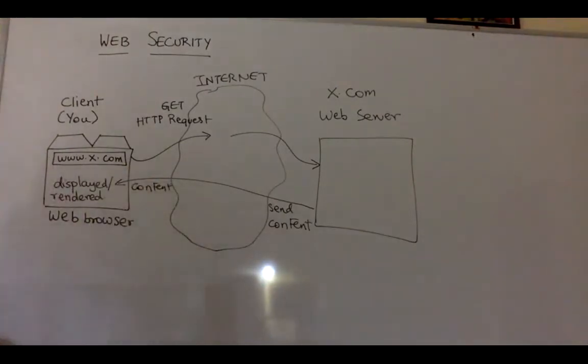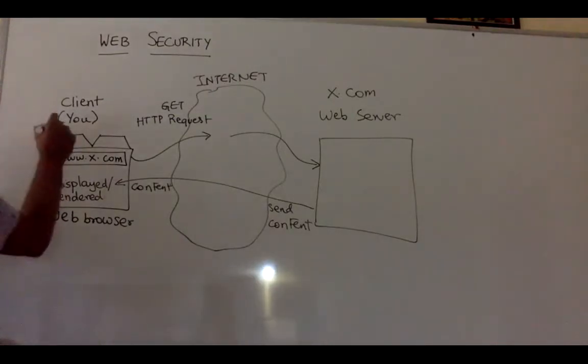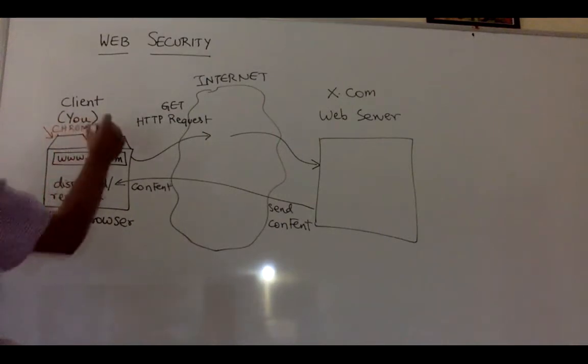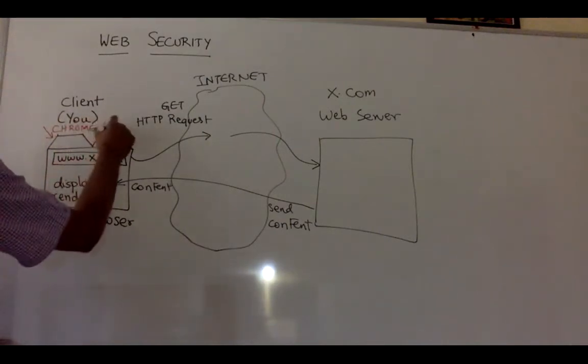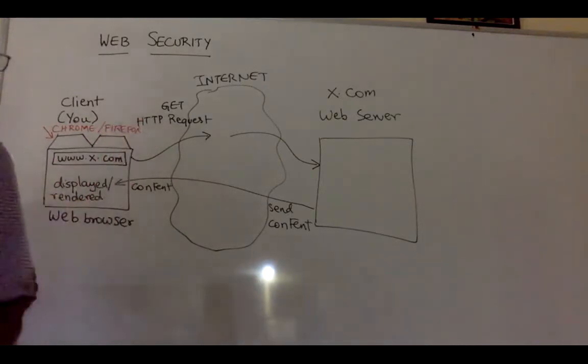Okay, so now that we have a basic understanding of all of the various components, let us try to understand what these components are written in, right? So here is your web browser. It could be something like Chrome, it could be Firefox, it could be Safari, doesn't matter what it is. It's one of these popular browsers that you're using.